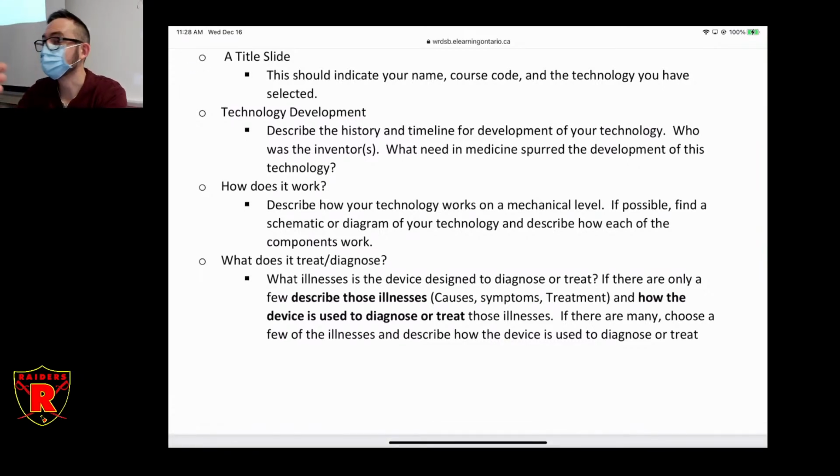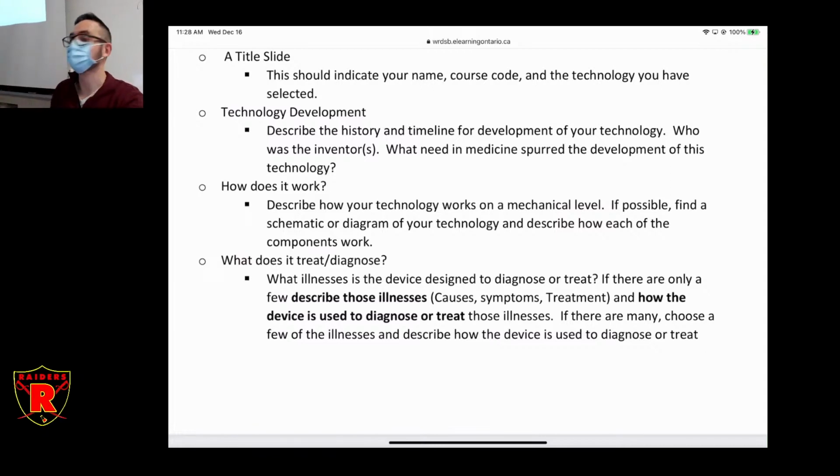Okay, and keep in mind that you're selecting a technology here that is either to diagnose an illness or to treat an illness, okay? It can be one or the other. Some of these things, I guess, could potentially be both, depending on what the technology is, but it only needs to be one. It's either a diagnostic or a treatment technology, and it must diagnose or treat at least one illness of the respiratory, circulatory, or digestive systems.